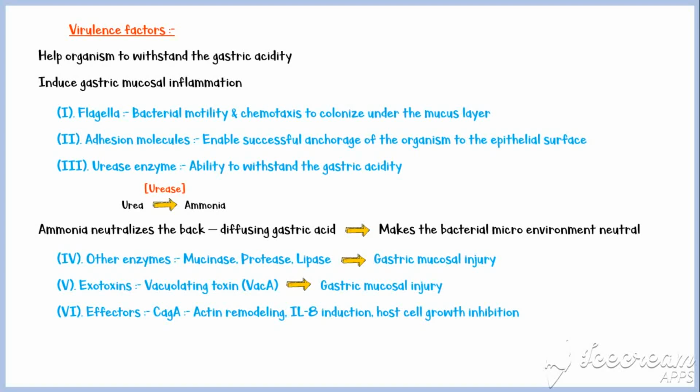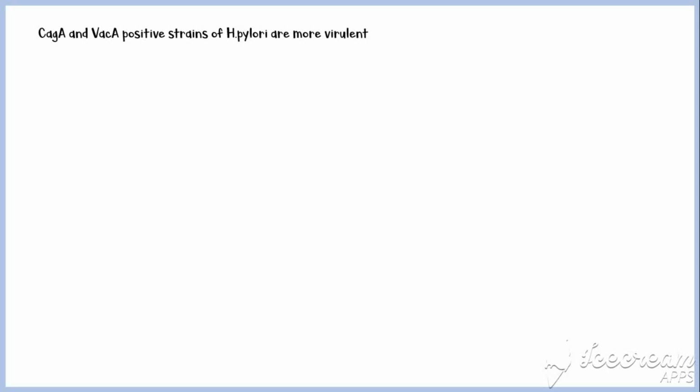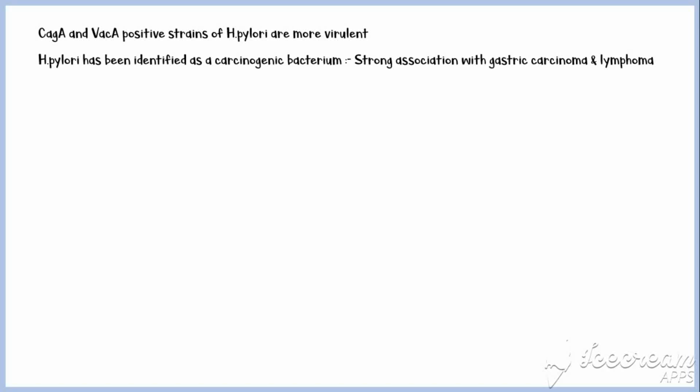In addition to direct mucosal injury, these factors also induce recruitment of leukocytes to the sites, which contributes to the inflammatory process. CagA and VacA positive strains of Helicobacter pylori are more virulent and cause severe inflammation, severe disease, and associated complications. Helicobacter pylori has been identified as a carcinogenic bacterium due to its strong association with gastric carcinoma and lymphoma.